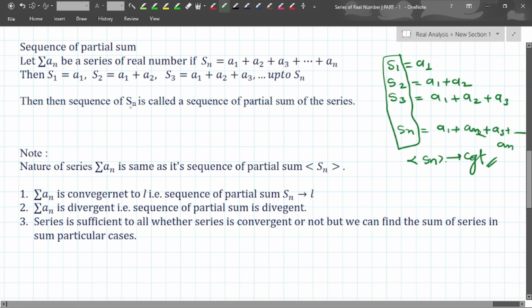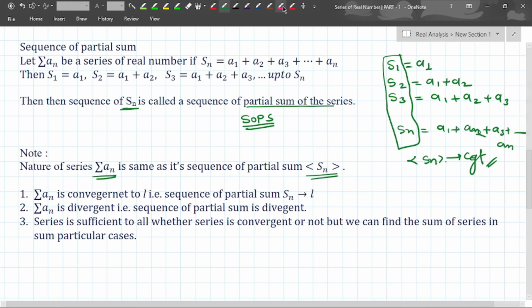Then the sequence of Sn is called the sequence of partial sums, or let's say SOPS. Now the nature of this series is the same as its SOPS. If it is convergent, it will converge. If it is divergent, it will diverge. But a series can't oscillate anywhere.